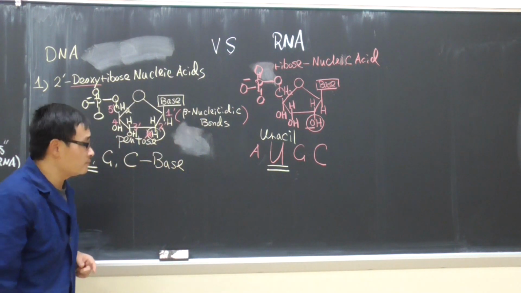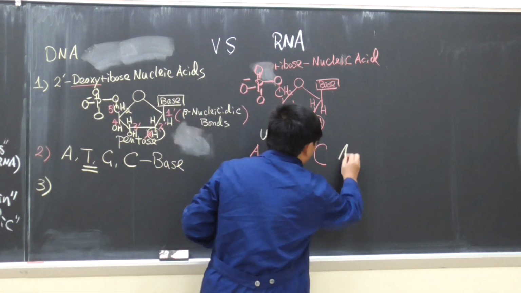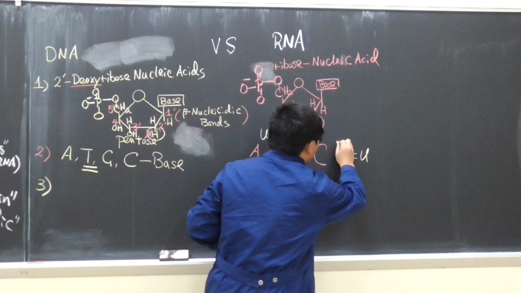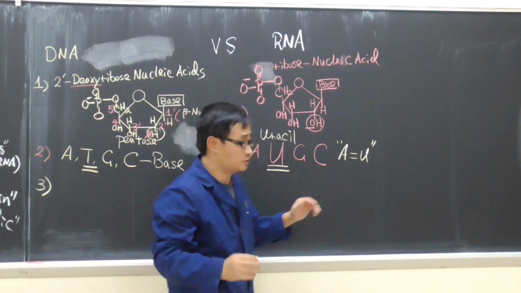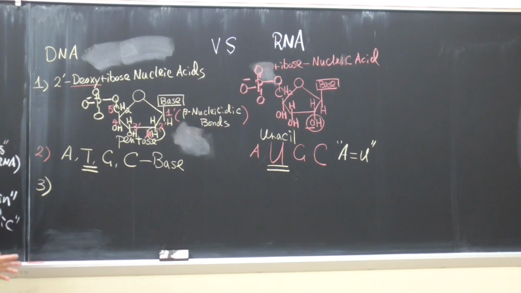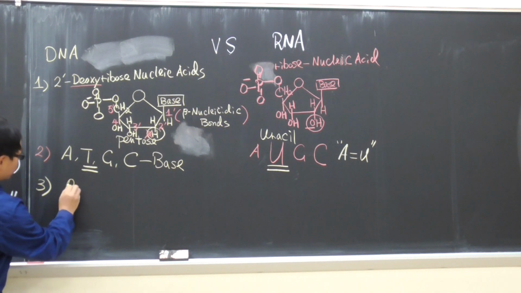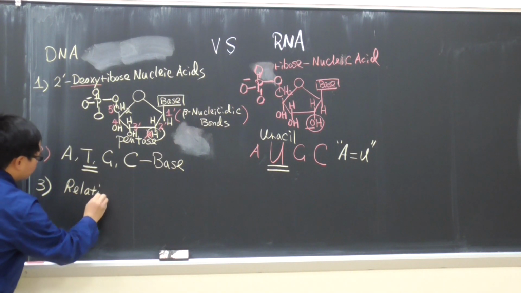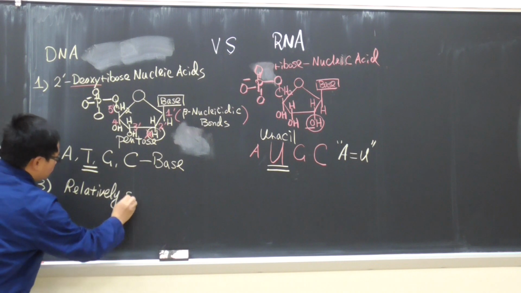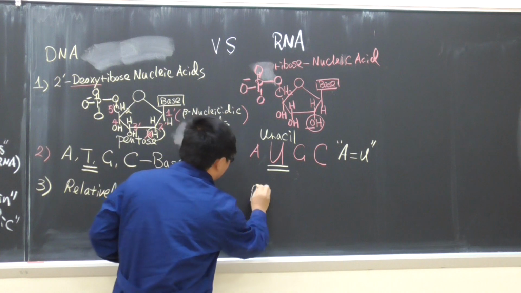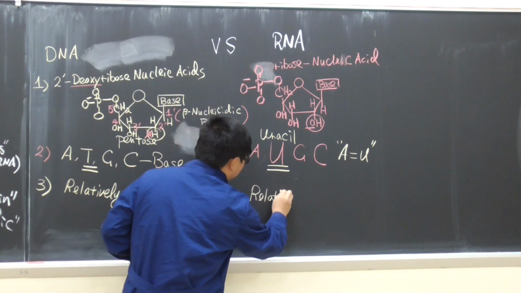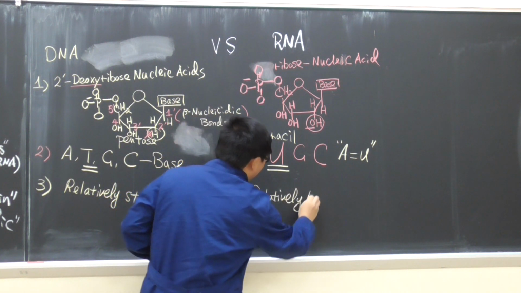I also want to mention that A complementing with U is not going to hold on very easily. So we can say the DNA is relatively stable and the RNA relatively unstable.